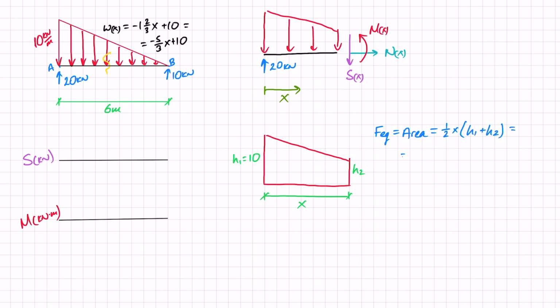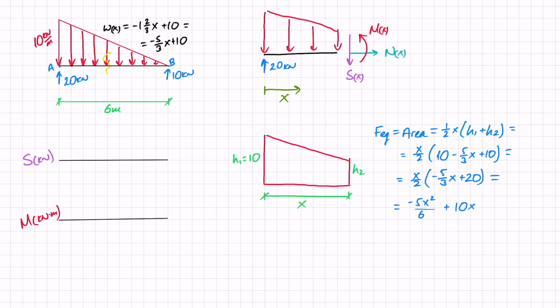In our case, that means x over 2 times 10 plus this equation that I found before, so minus 5/3 of x plus 10, and I can write that out as x over 2 times minus 5/3 x plus 20. I can further simplify this to minus 5x squared over 6 plus 10x.